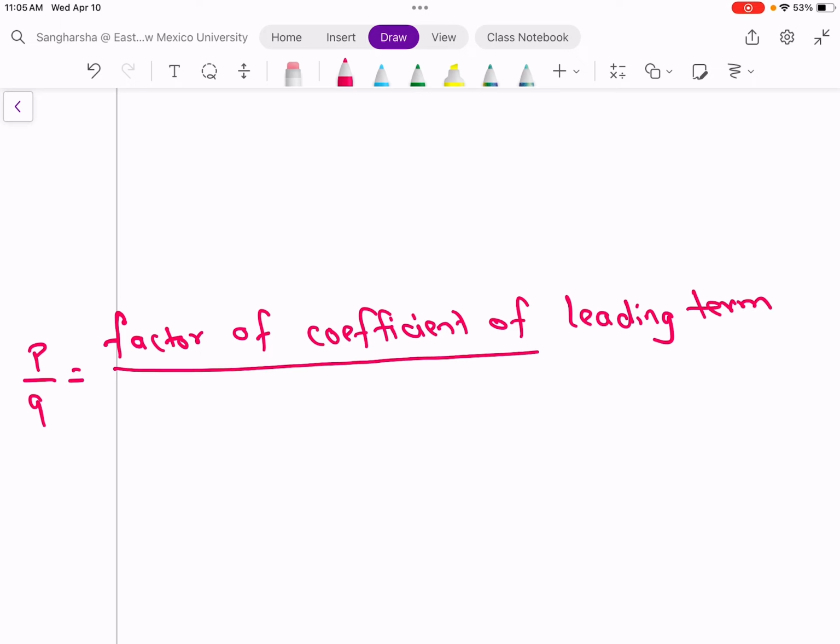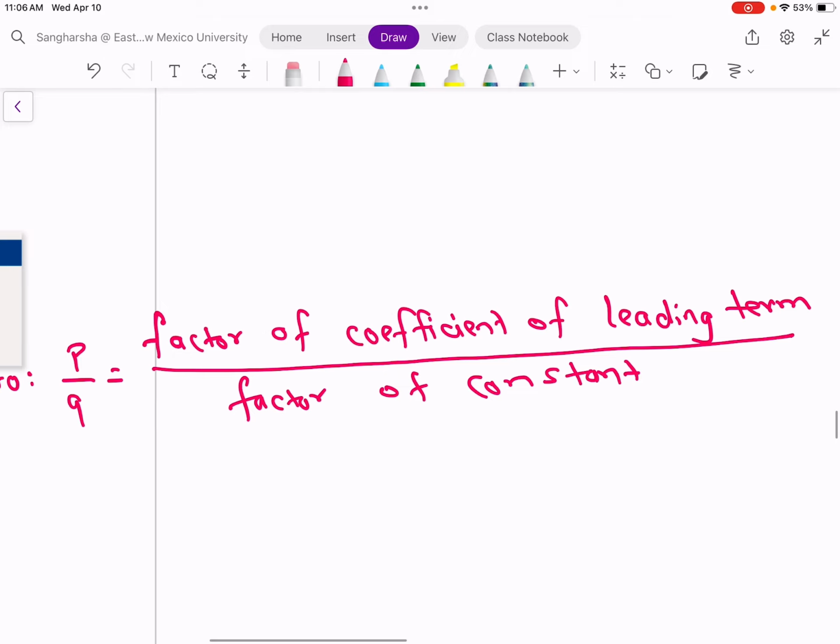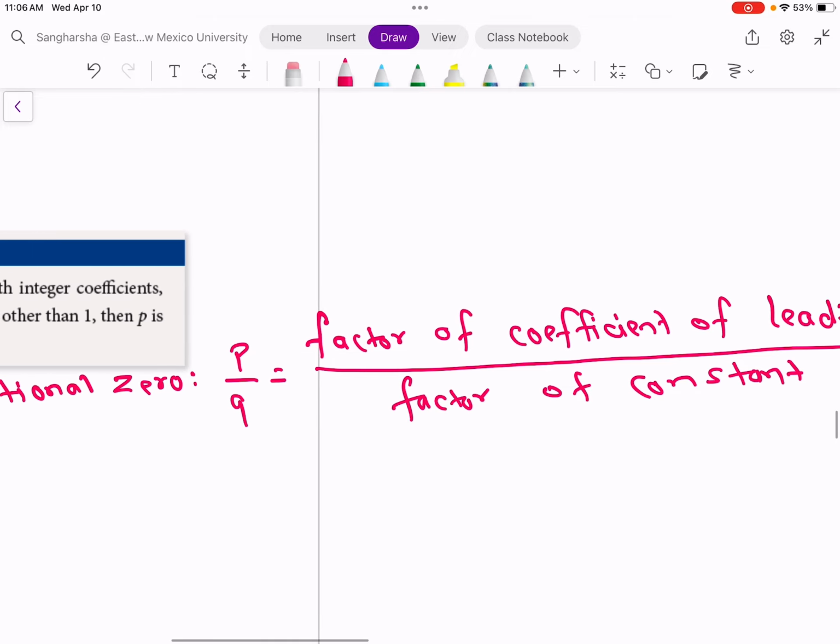And q is the factor of the constant. In a function, we can find the leading term. We write down every factor of the coefficient of the leading term, and we divide that by the factor of the constant of the function. And this p over q is the rational zero.